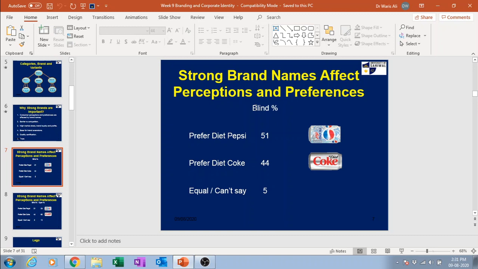As I told you, strong brand names affect perceptions and preferences of their customers. There was a study which was conducted, and people were offered 2 glasses of drinks. In one glass there was Diet Pepsi, and in the second glass there was Diet Coke.